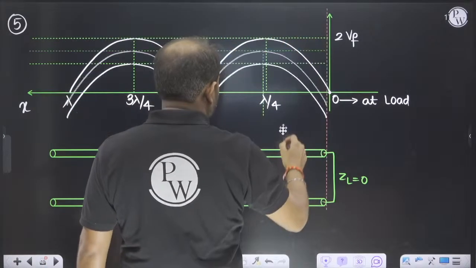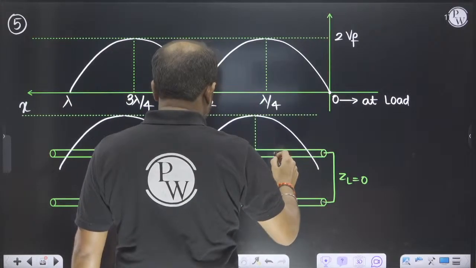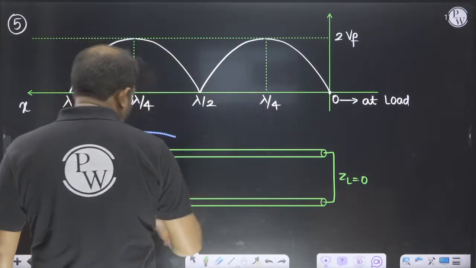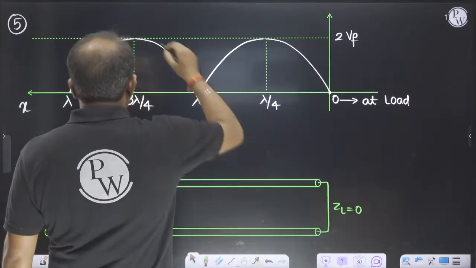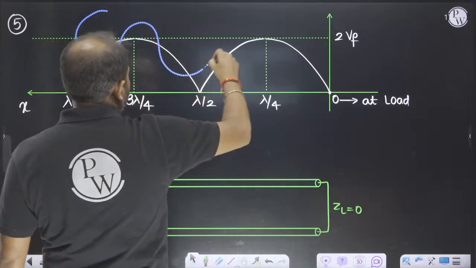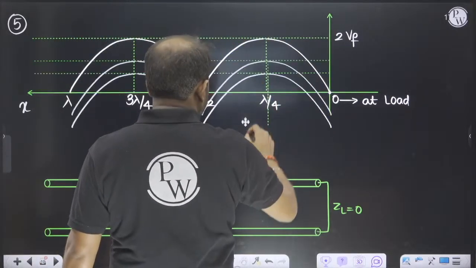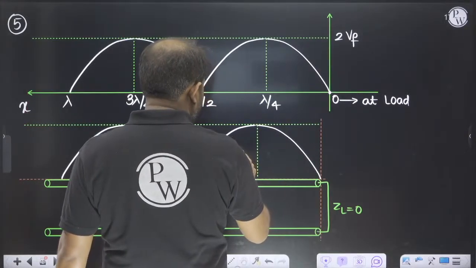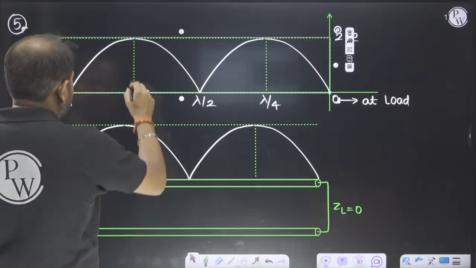This is the graph which you are getting.